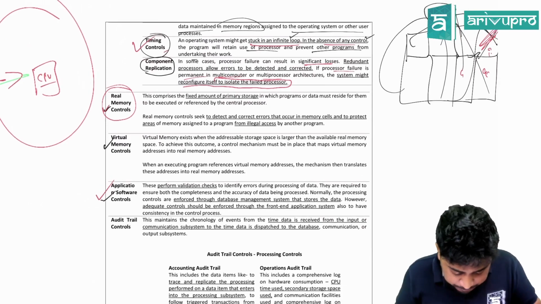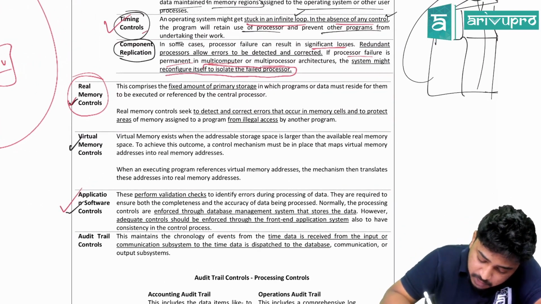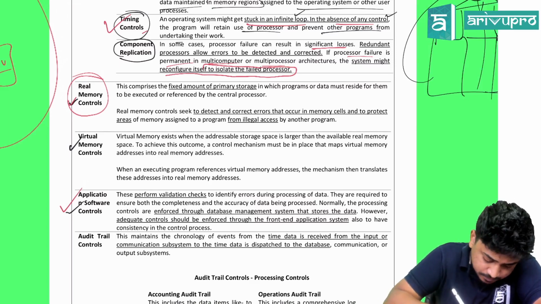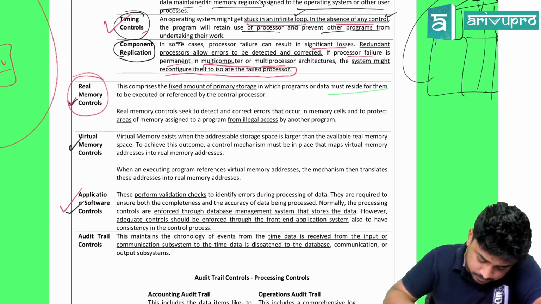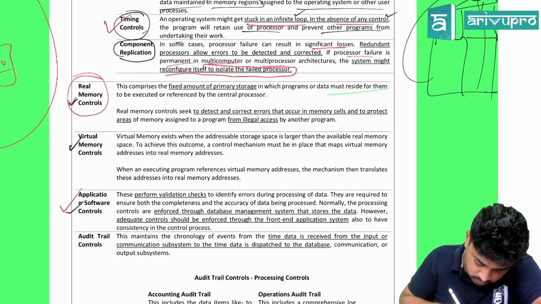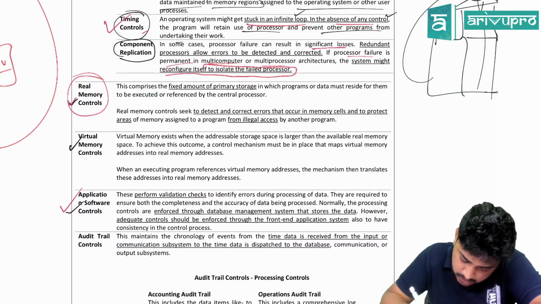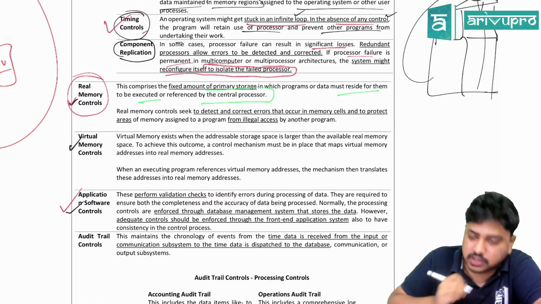Okay. Now, this comprises the fixed amount of primary storage in which data and program must reside and be executed by the central processor, right?